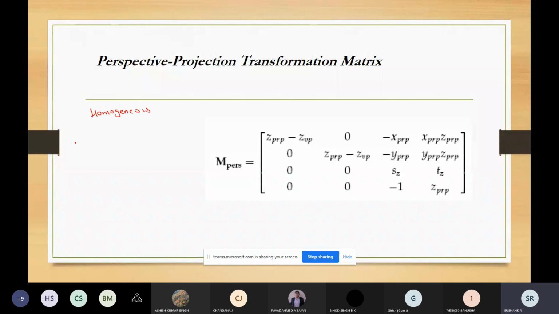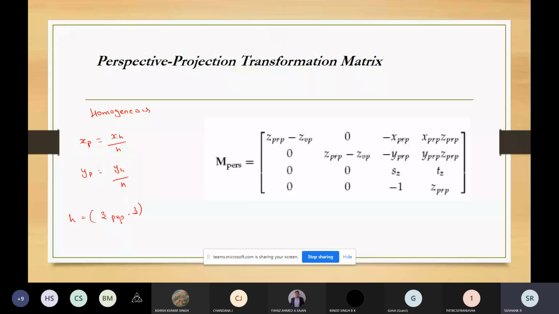In the previous case xp was x and yp was y, but here xp is given by xh by h and yp is given by yh by h, and this h is given by the difference between the z projection minus the z coordinate value.